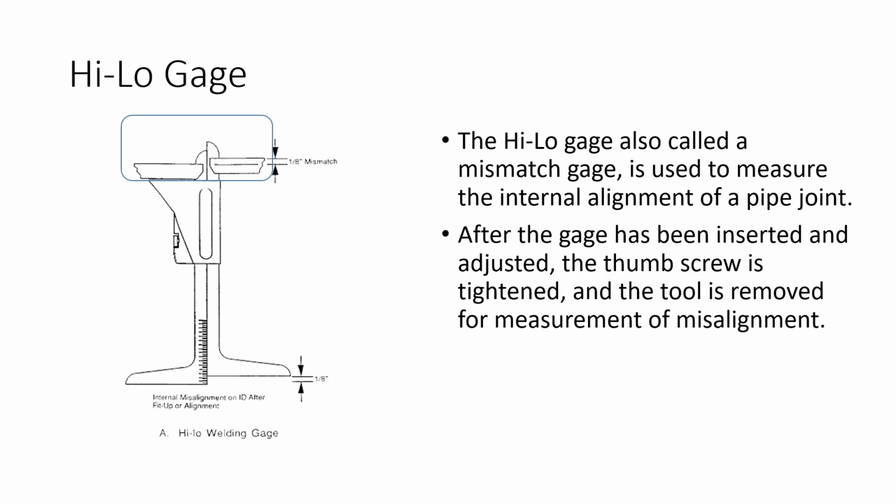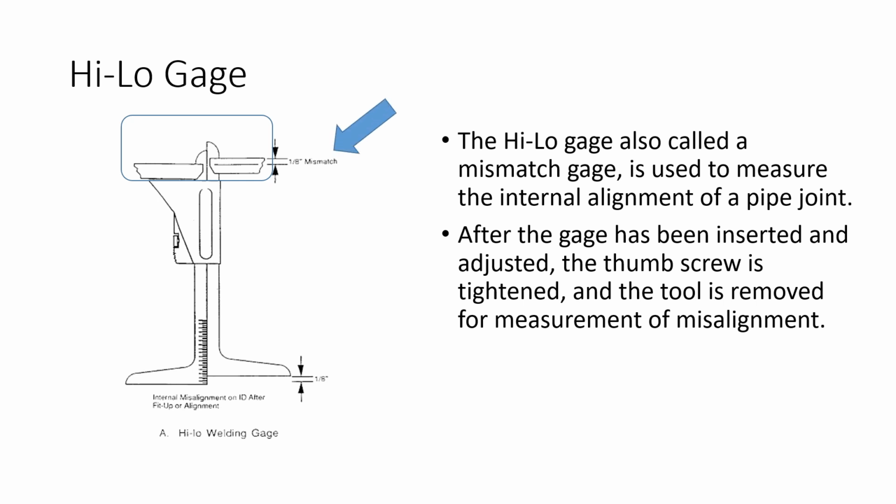After the gauge has been inserted, we're going to adjust these thumb screws. They're going to tighten down, and then we're going to remove the tool, and then we're going to read what the mismatch is, how much misalignment there is on the inside of that pipe. And then we'll deal with it from there, depending on what our specification is or how our company protocols want us to deal with that misaligned pipe.